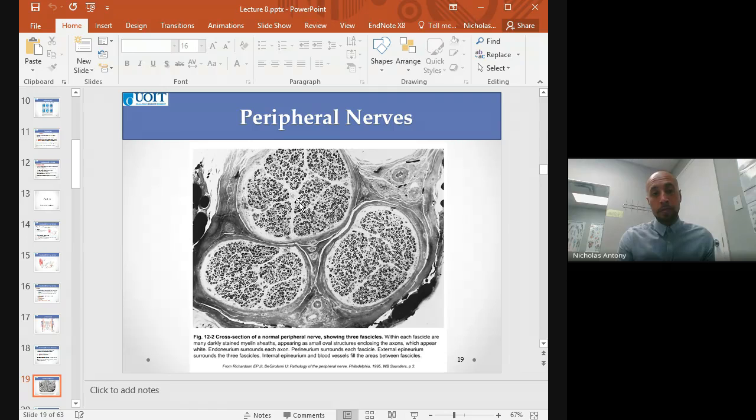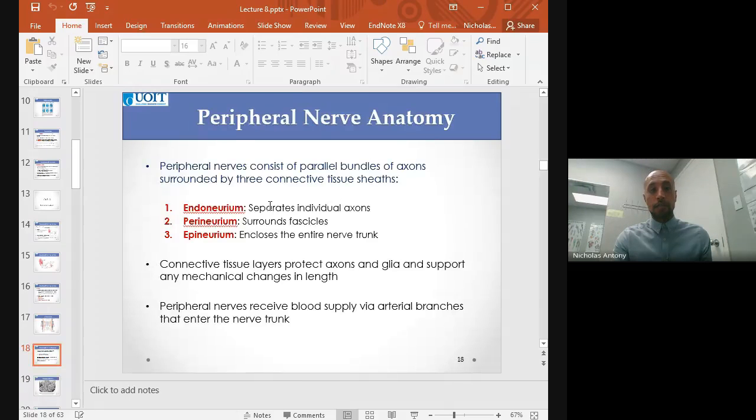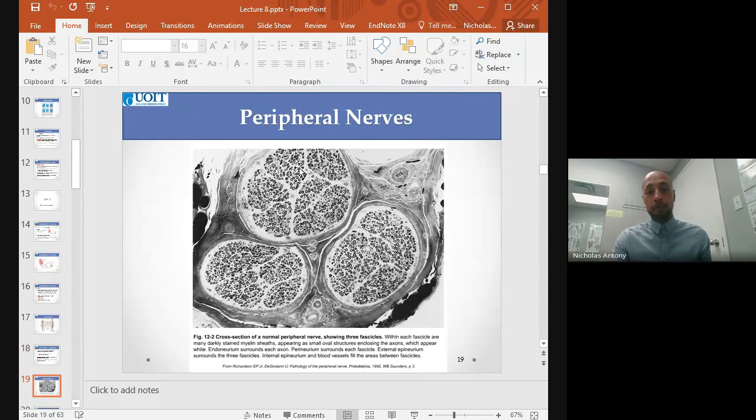In between each of the little axons is endoneurium. All of this connective tissue, all this white, is holding everything together. The black is the myelin because that's the stain. It's holding all of the axons together. Do you see how we have three bundles, or fascicles, of axons?